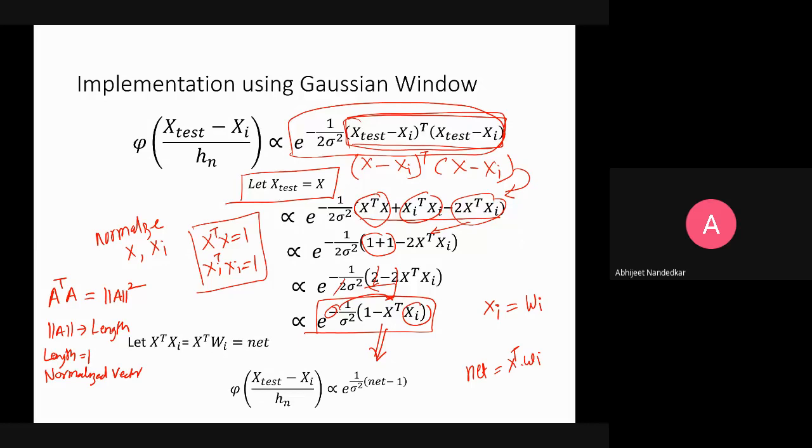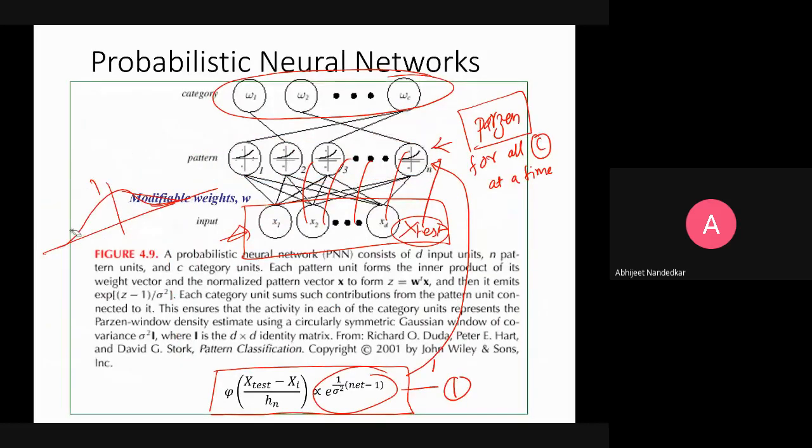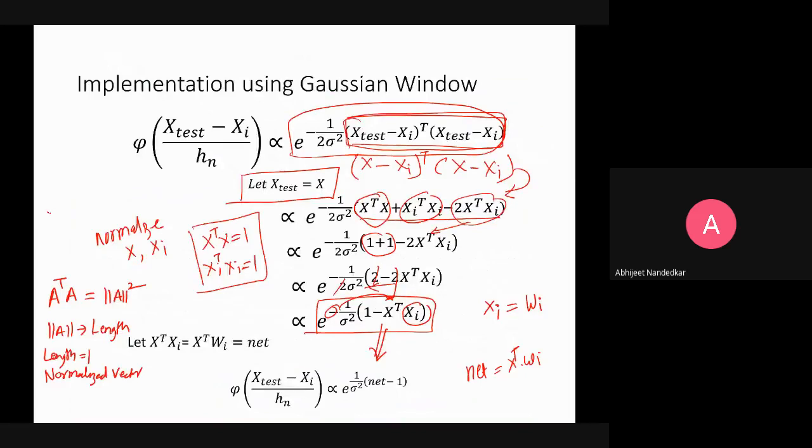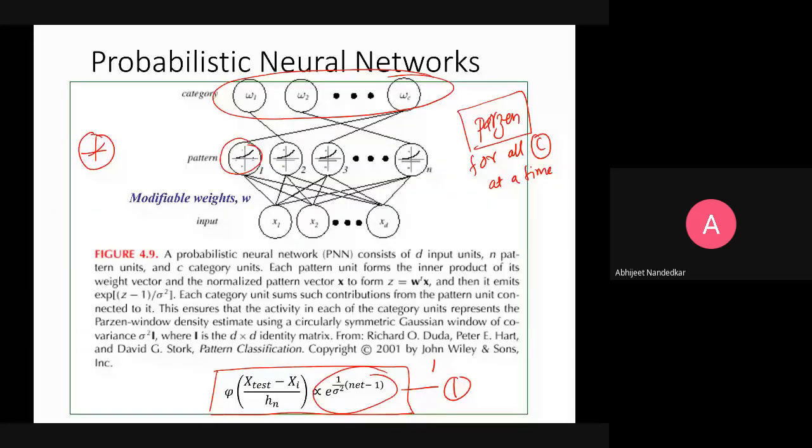Now if I go back here, and I take out some node, say if I take out node number 1, say this node 1, if I draw here, so there is some activation function and it is receiving input x1, x2 up to xd.